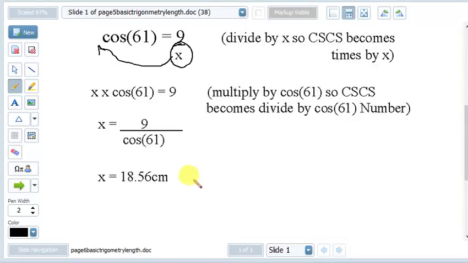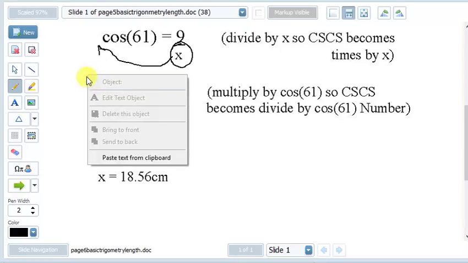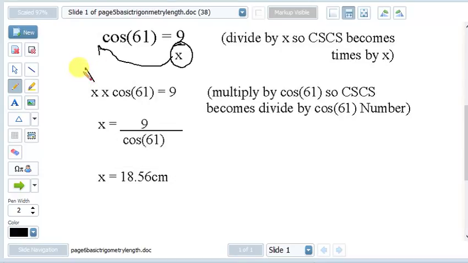Okay, so what we've now got, after bringing over the x to the other side, is x times cosine of 61. Now cosine of 61 is a number, so therefore that x there is an unknown. Cosine of 61 is a known, and 9 is a known.